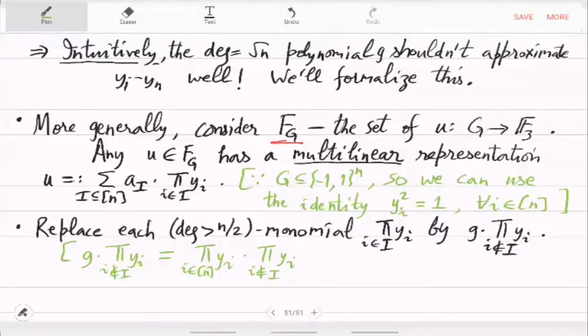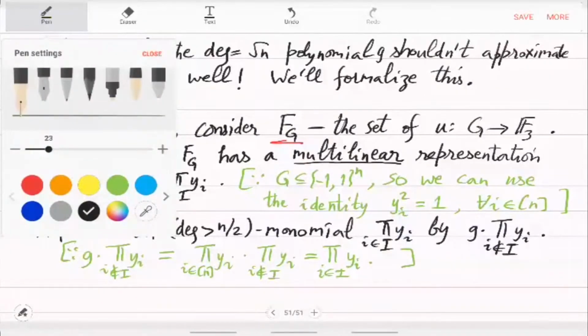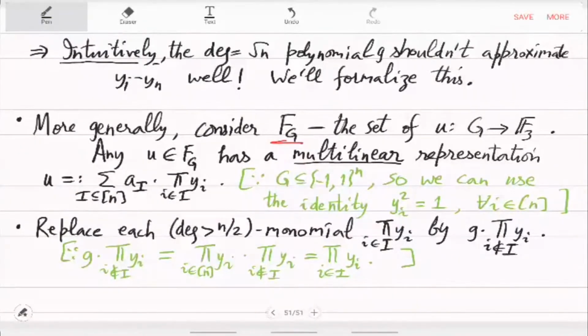Now, if you look at the same y_i, then in the product you will get y_i squared, which will be 1, right? So what you are left with is only those i's which are in I. So we can write these monomials using little g in this way.